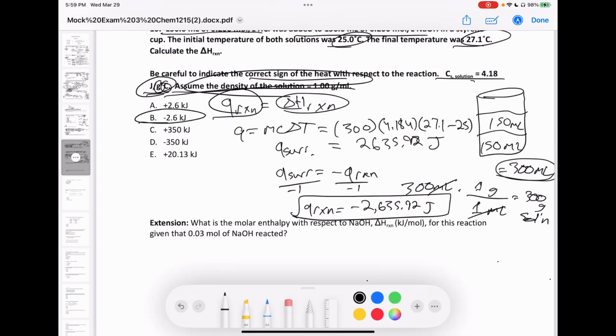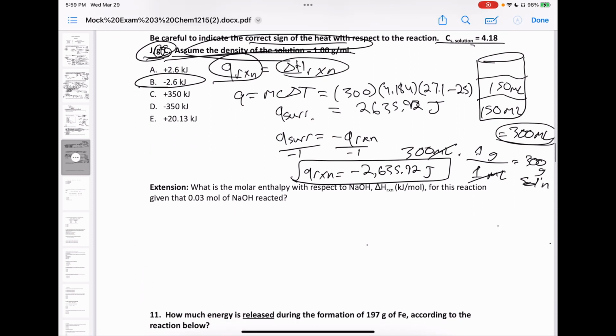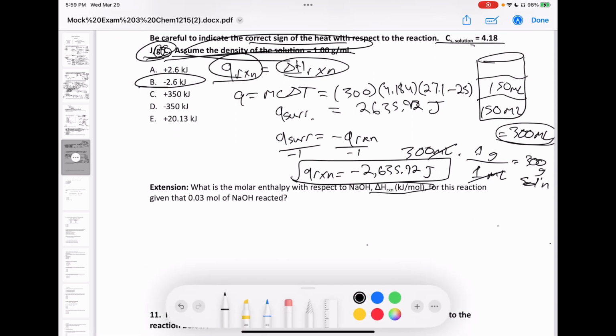What is the molar enthalpy with respect to NaOH in kilojoules per mole for this reaction, given that 0.03 moles of NaOH reacted? It even tells us right here the units are kilojoules per mole. So when 0.03 moles of NaOH reacted, we got a release of energy of 2.6 kilojoules.